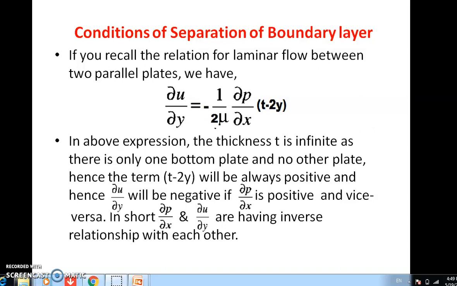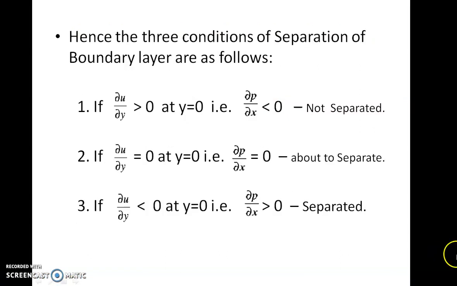So in the conditions for separation of the boundary layer, delta p by delta x less than 0 corresponds to delta u by delta y greater than 0 at y is equal to 0. When you differentiate the velocity profile, you have to find the value at y is equal to 0, that is near the solid surface.